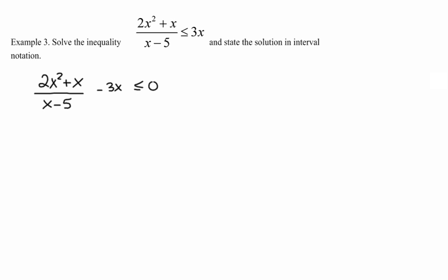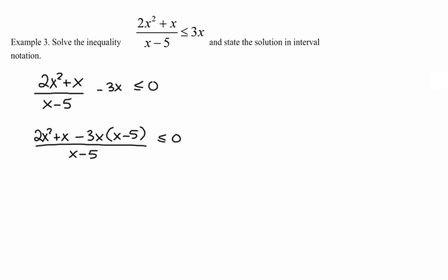Okay? So how are we going to be able to combine these to subtract them? We need a common denominator. So 2x squared plus x, and then I have to multiply top and bottom of 3x by x minus 5, so that we can get a common denominator.